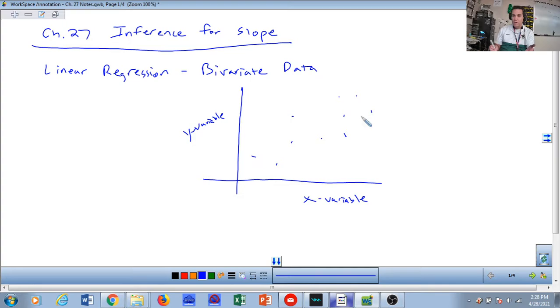And we would then use our calculator or technology and get your line of best fit. Remember, that's called your least squares regression line. Good little review for you.